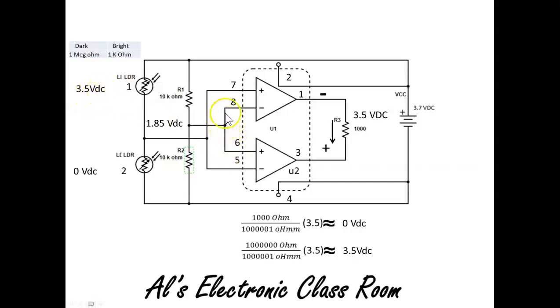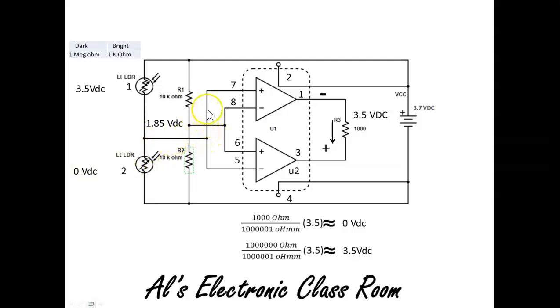Again, pins 8 and 6 of the comparators are connected together. My 1.85 volts DC reference doesn't change. So what do we have here? We have 3.5 volts across this one. So what do we see across LDR2? 0 volts.